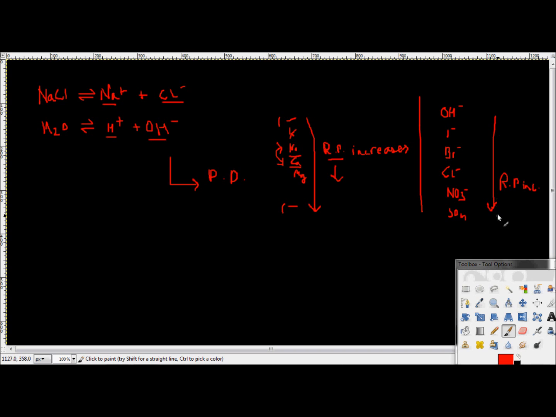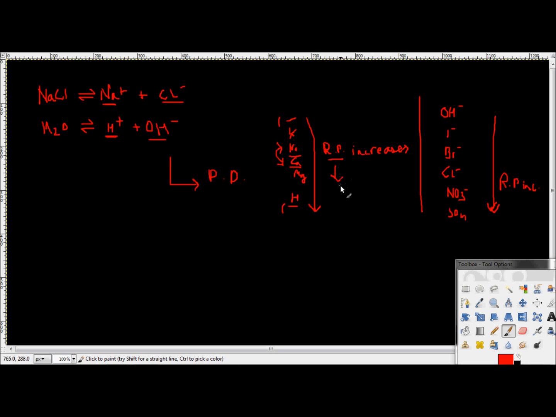Reduction potential increases. Now, how do you check which one, say you pick any two cations, in this case we have Na and H plus. H plus would be somewhere near the bottom. So if I'm given these two, how do I decide which one will get discharged? Now, metals need to gain an electron, right?